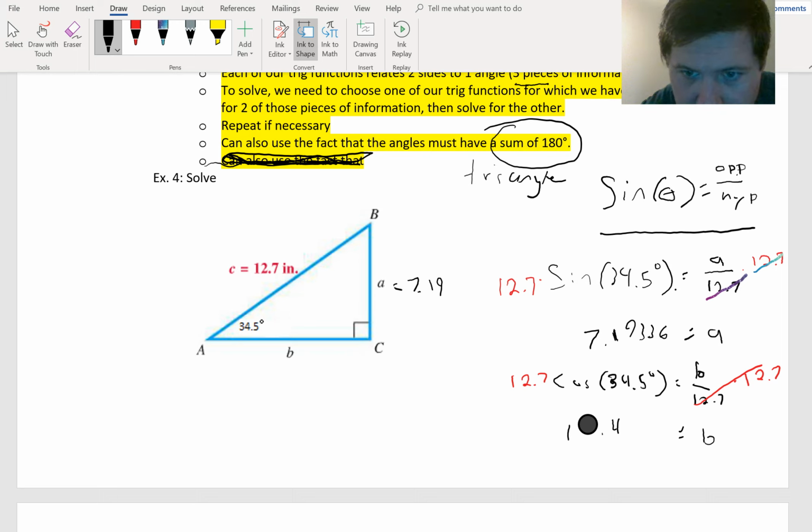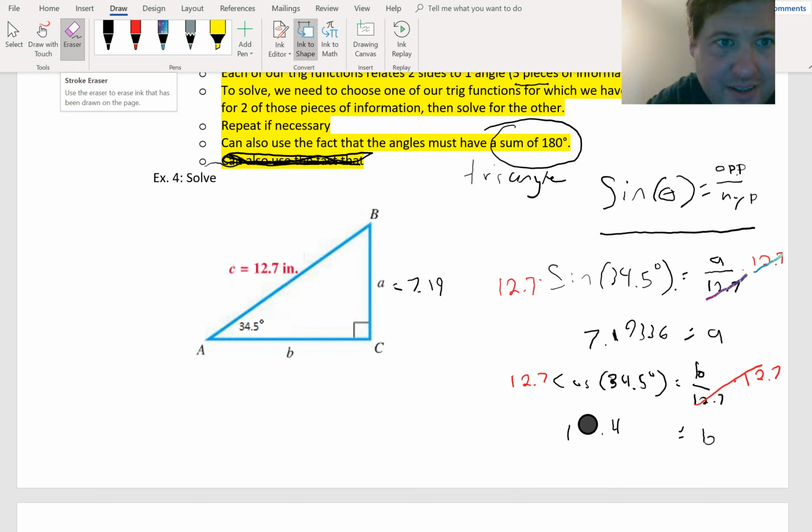What the heck? Why did it fill that in? Use the eraser to erase ink that's been drawn on the page. Well, what do you think I'm doing? It does not want to erase my circle here.